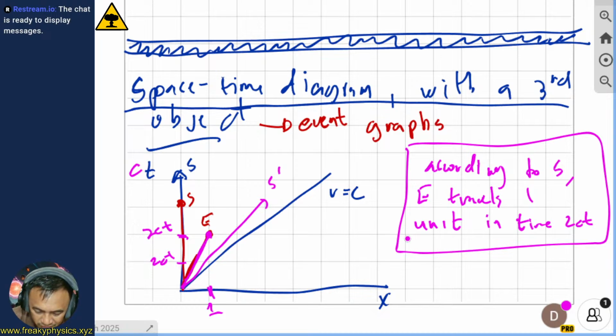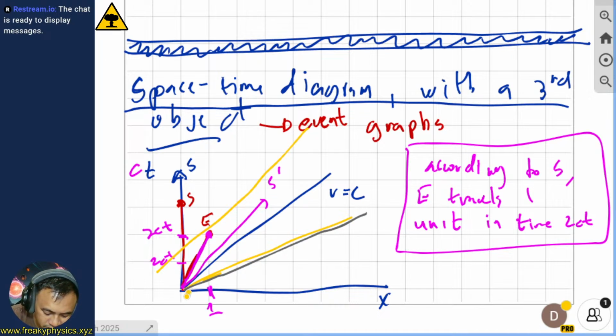Now what we'll do is the trick from earlier, drawing all those parallel lines to S prime like this, and drawing this other thing here. Let's do this as yellow. Again, this is going to get a bit confusing if we don't label stuff. So this is going to be our T prime, right?